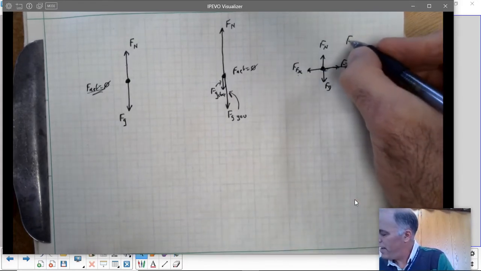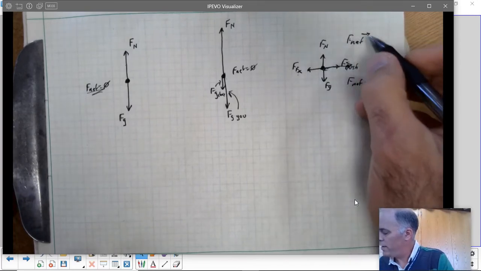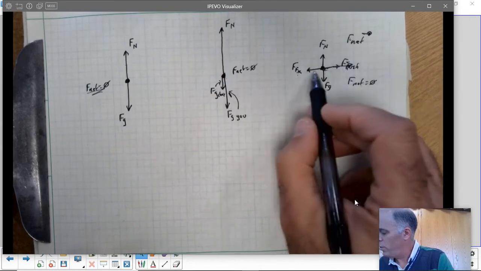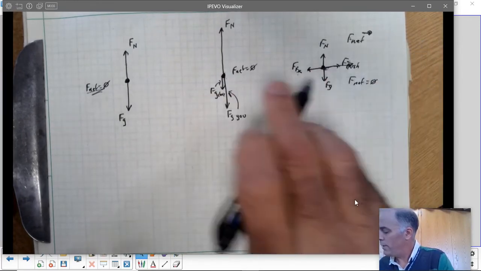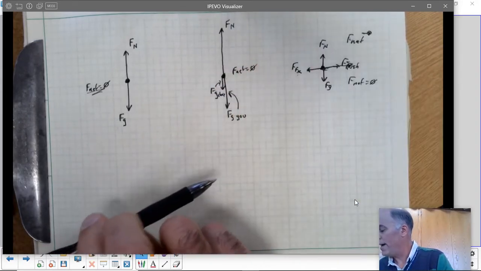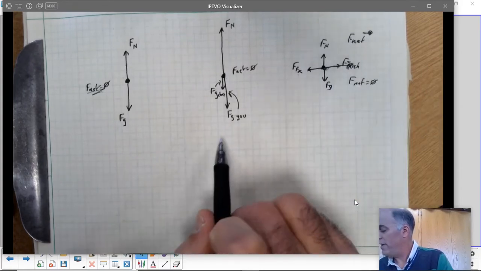That means that the net force is that way a little bit, equal to the difference between the push and the friction. So the net force is to the right in this case, which means that the calculator will be accelerating, speeding up to the right. Because remember, from the second law, acceleration is in the direction of the net force.